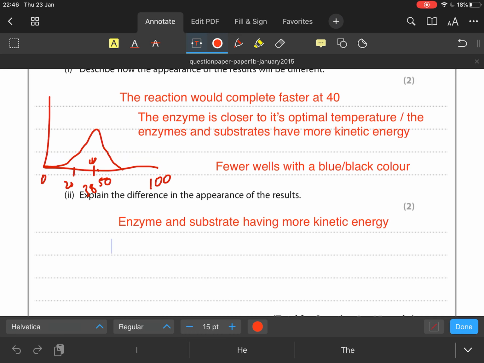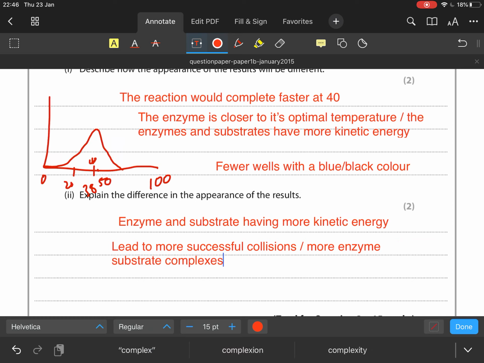When they have more kinetic energy, it's going to lead to more successful collisions and more enzyme substrate complexes formed. If you don't know what I'm talking about there, then you need to really go back and look at your understanding, look at your revision notes, you might need to go back and revise enzymes if you're not sure what an enzyme substrate complex is.